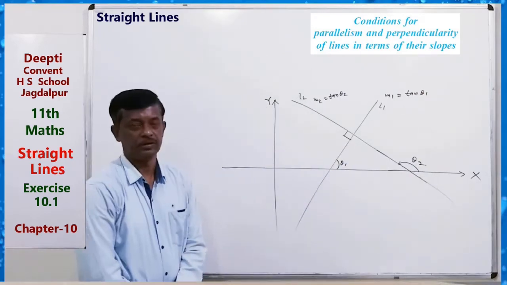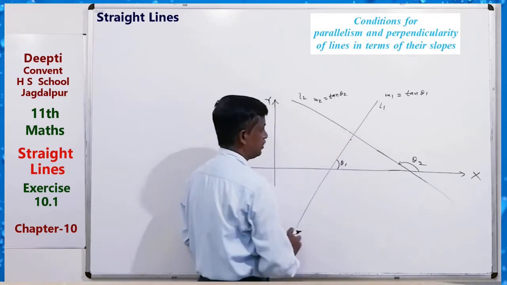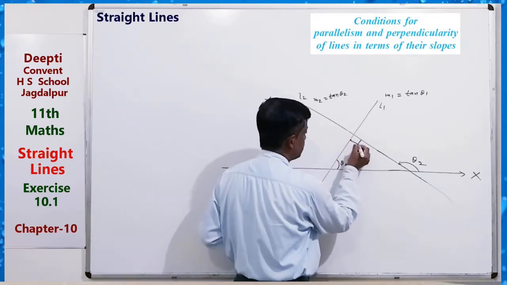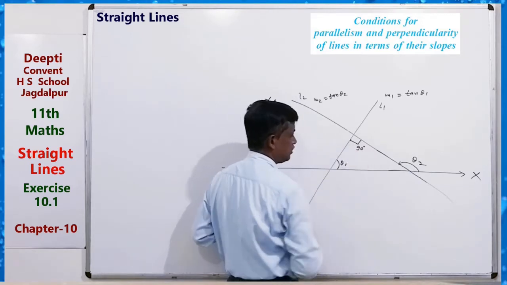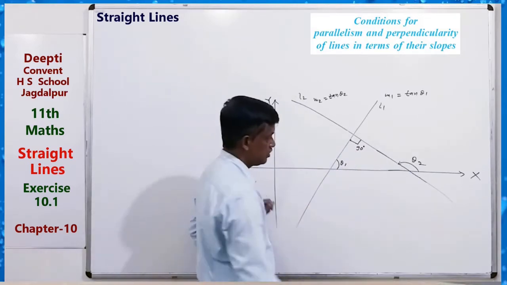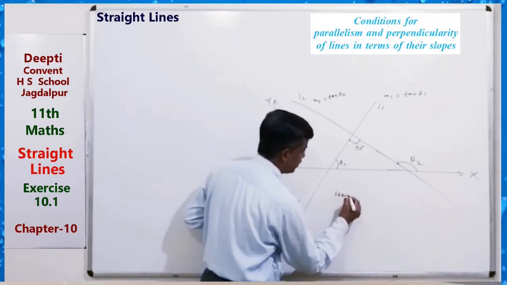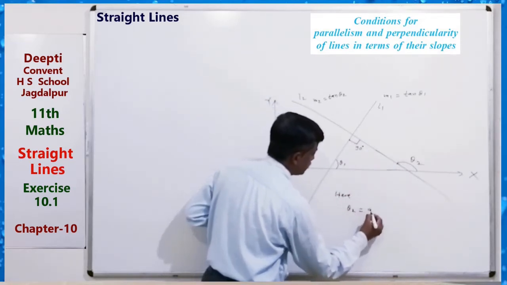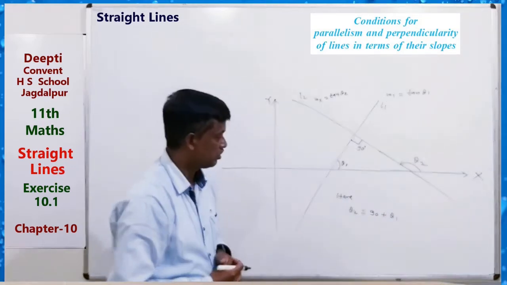So now from here, this is 90 degrees. So 90. That means here, this is equal to this plus this. Here, theta 2 equals 90 plus theta 1 from geometry. Okay.